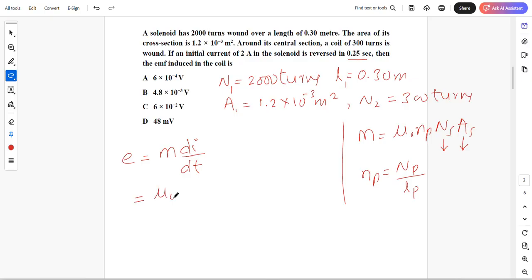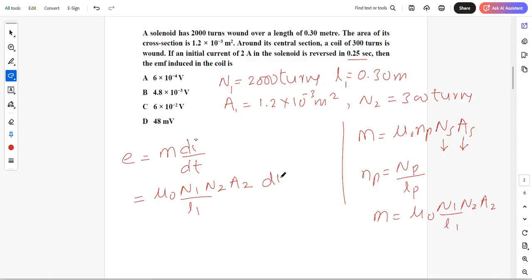According to this, I can write M is equal to mu naught into N1 by L1 into N2 into A2, right?